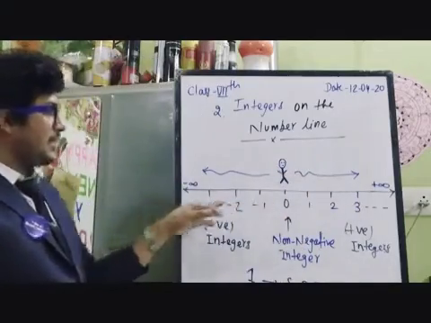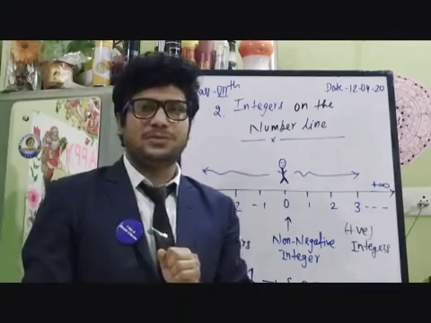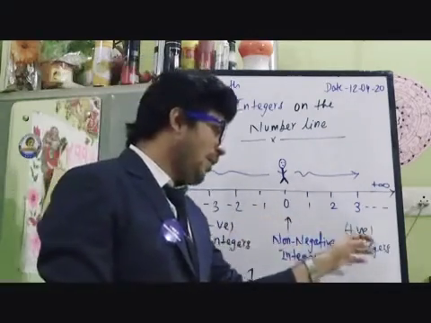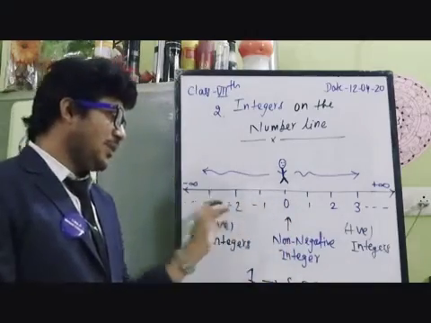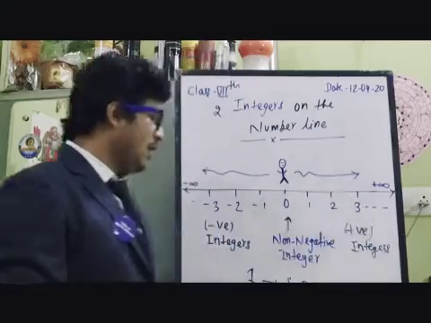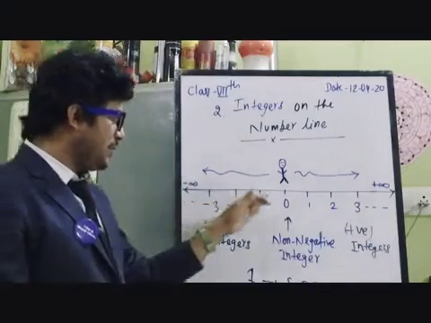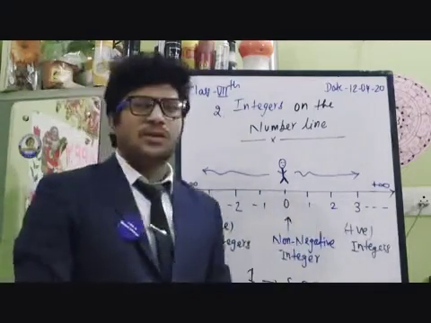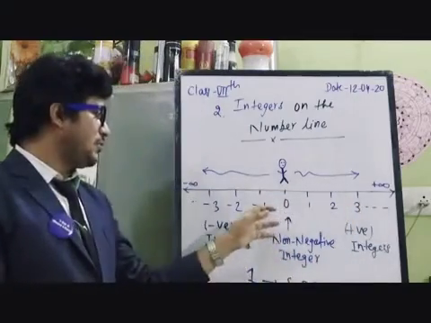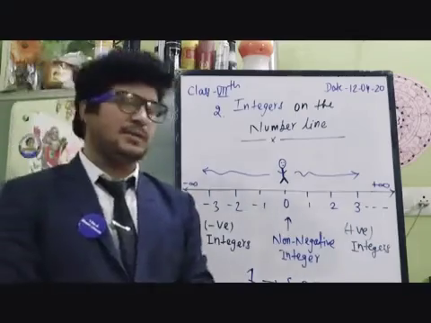Every positive number is greater than 0, but every negative number is less than 0. Here, 0 to 3 are positive integers, and 0 to minus 3 are negative integers.